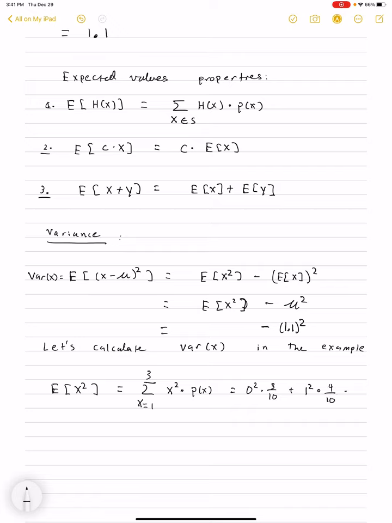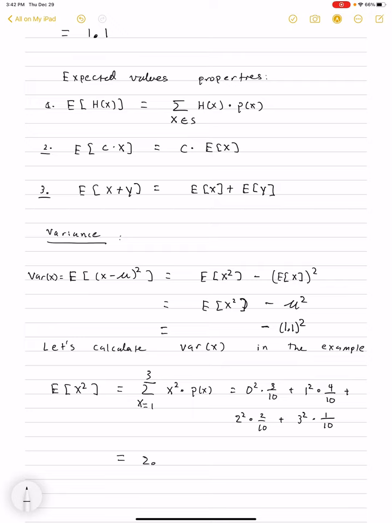Next, we're going to take 2 and square it, multiply it by the probability of 2, which is 2/10. And finally, we're going to take 3, square it, multiply it by the probability of 3, which is 1/10. Okay, so we need to sum these values.